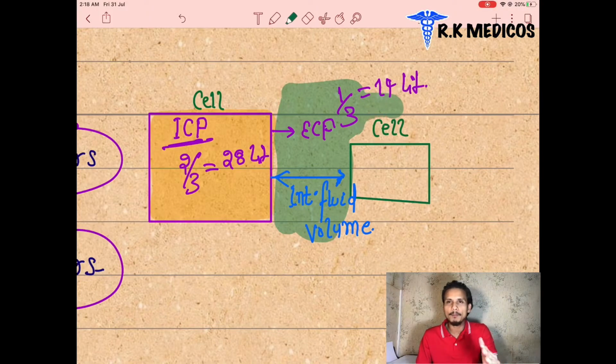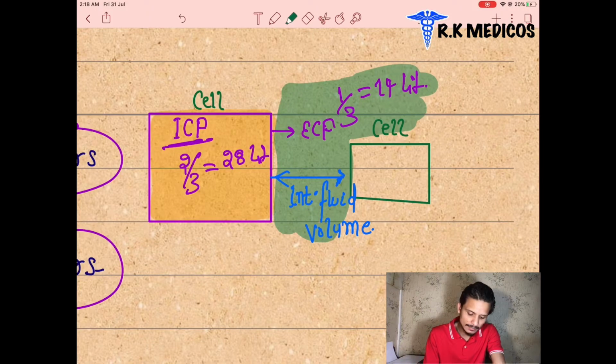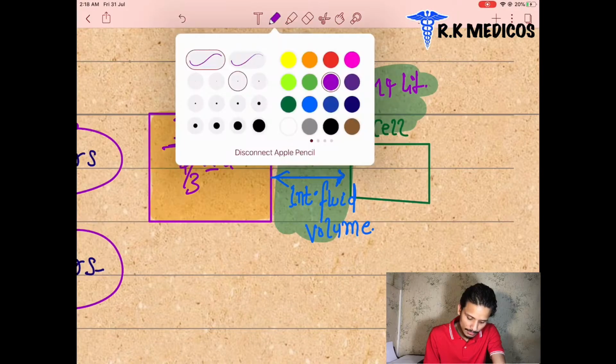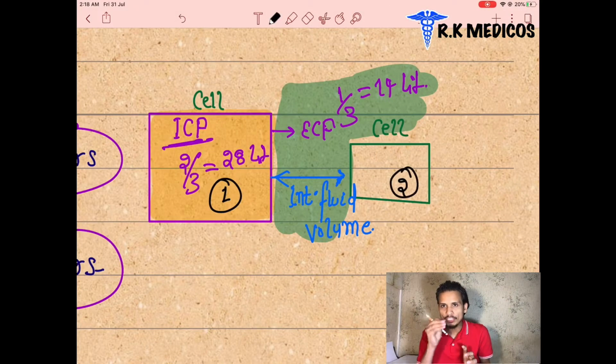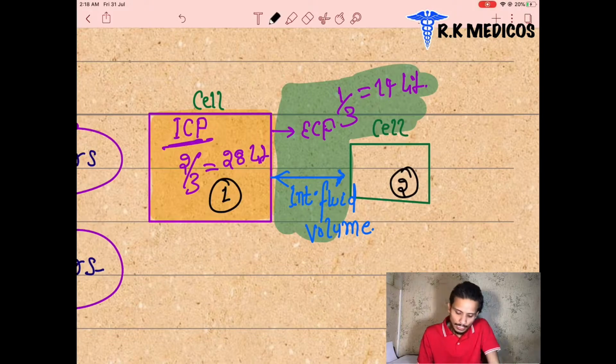Now I am going to compare two cells: this is cell number 1 and this is cell number 2. In between these two cells, the fluid present is called interstitial fluid volume. Simple. Here RBCs and blood vessels are present, and outside the RBCs, the blood volume present is called plasma volume.